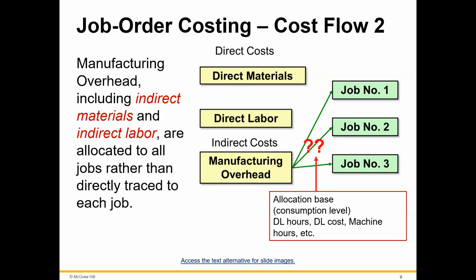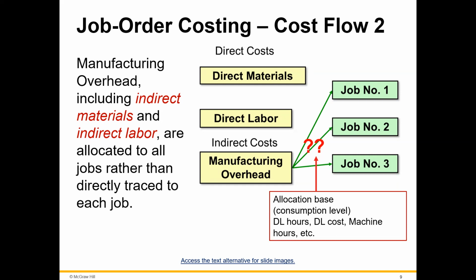But for manufacturing overhead, it is impossible to directly trace it to each job since it represents a common cost to support all job production, such as indirect materials, indirect labor, factory utilities, machinery depreciation, and repairs. So the manufacturing overhead must be added to each job through proper allocation.